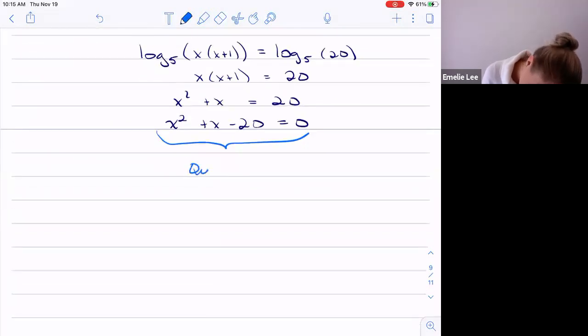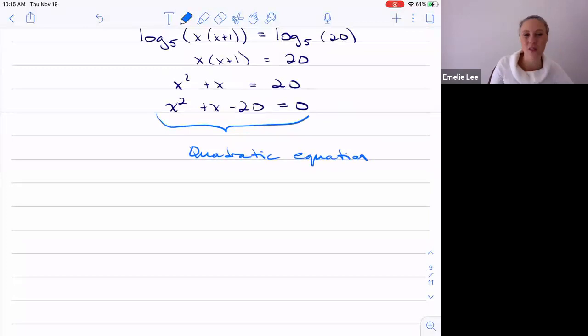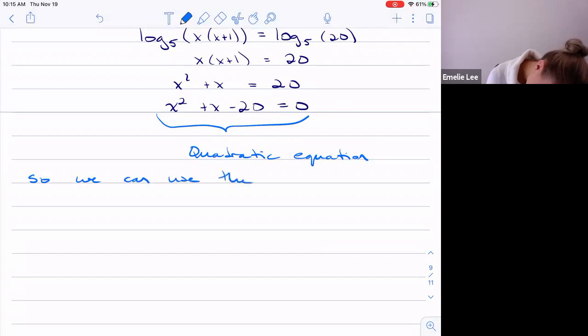This is just a quadratic equation, so we can use the quadratic formula to solve for x. Dang, this quadratic formula keeps popping up everywhere.